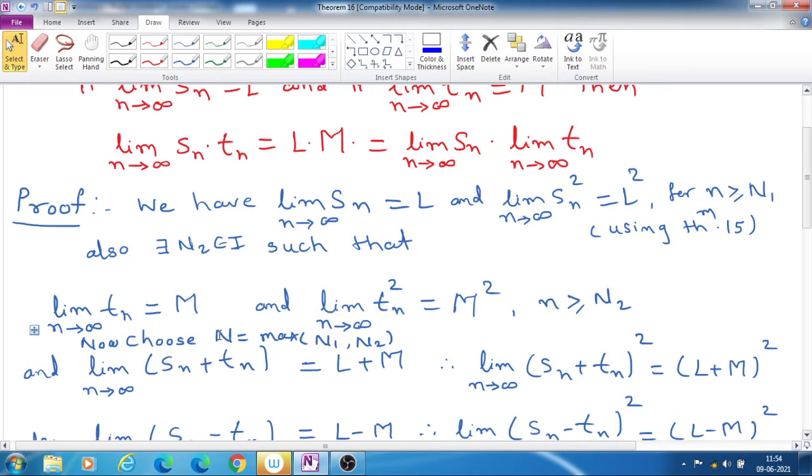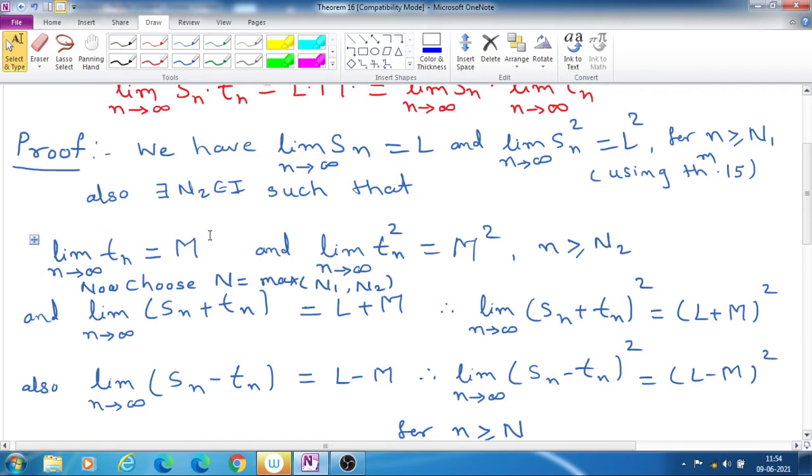Similarly, for sequence Tn, there exists another integer capital N2 belonging to capital I, such that limit of Tn is equal to M, and by the previous theorem limit of Tn square is equal to M square for small n greater than or equal to capital N2.